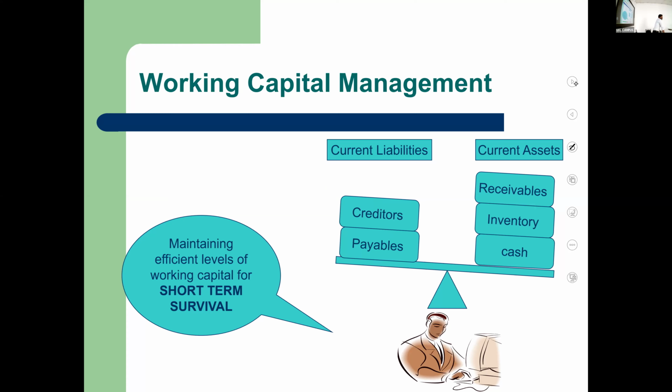Can you remember those things? EOQ. Very good. What is EOQ? Economic order quantity. Right. So why do we use such things? To manage your funds and resources efficiently. Clear? Right.